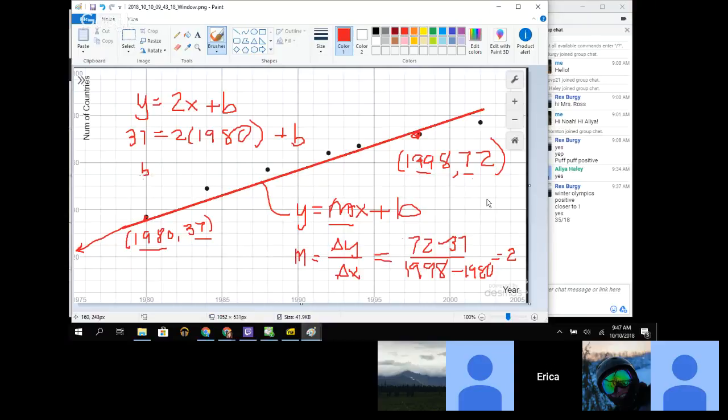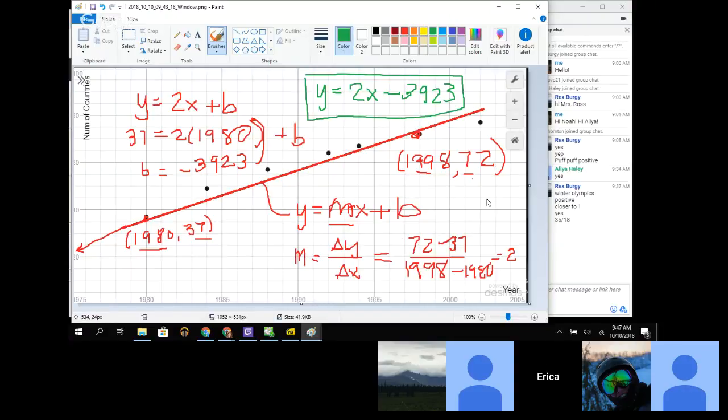If I solve for b, I get 37 minus 2 times 1980. I'm doing a little bit of fast math here. B equals negative 3,923. So I plug that back in. My line of best fit is y equals 2x minus 3,923.